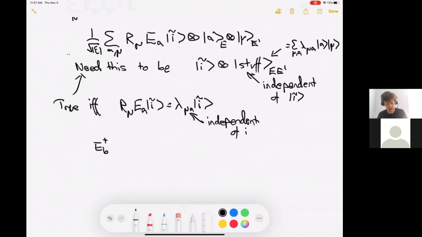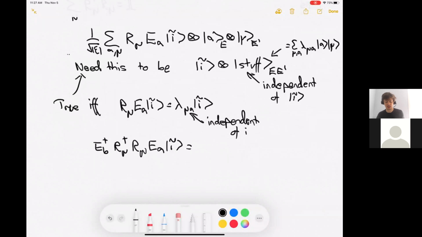We do EB dagger, R mu dagger. Okay, that's just the dagger of R mu EB. And then we apply that to R mu EA I tilde.